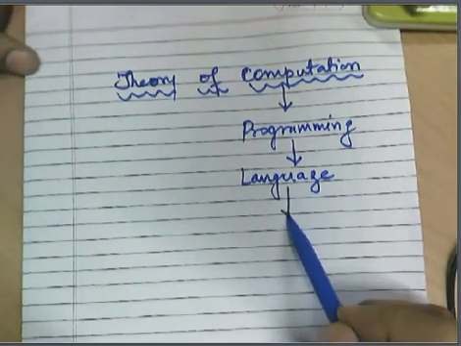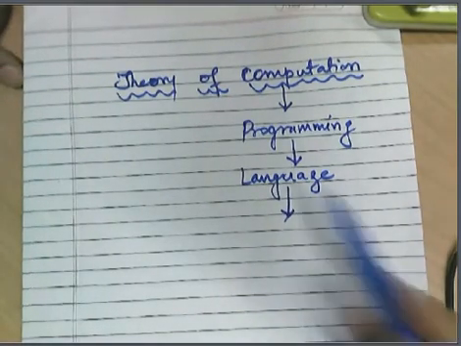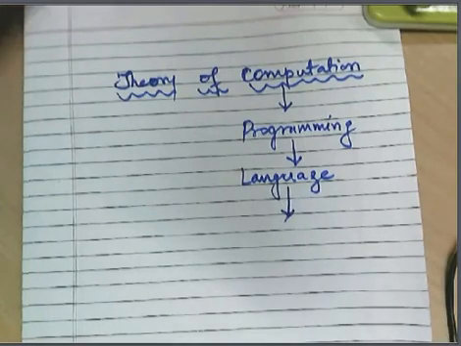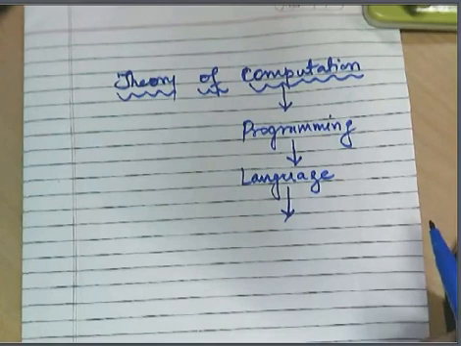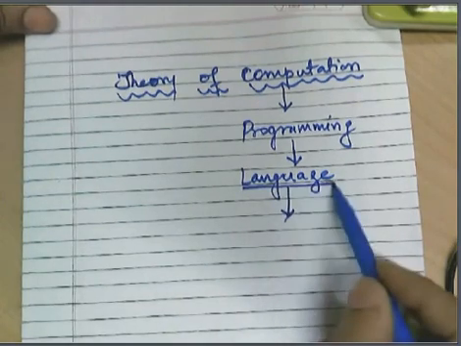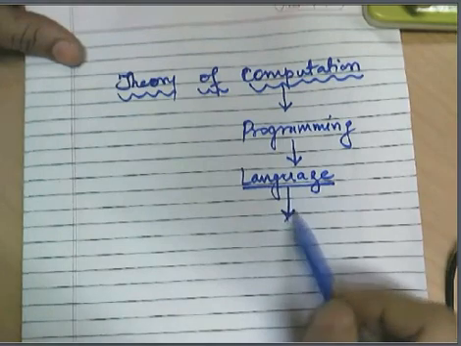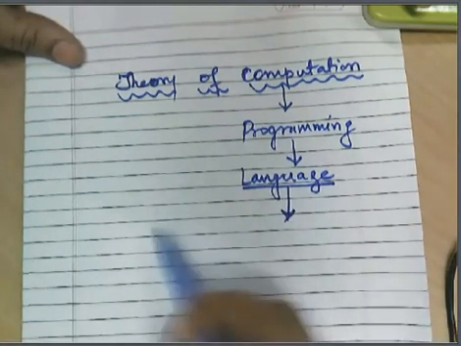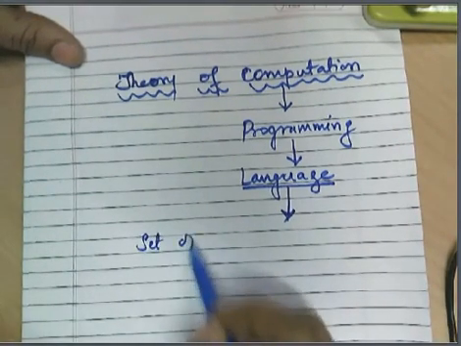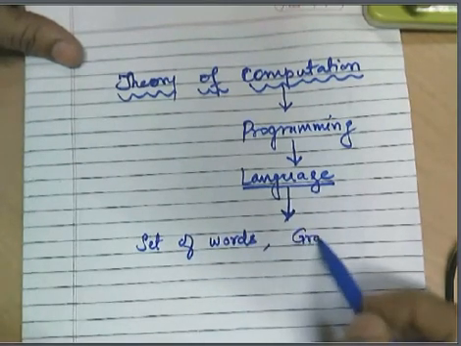Now, what is the difference between the languages which you are using and the computers are using? You have already learned that there are low level languages, middle level languages, high level languages, right? But if I want to understand languages in a general way, then language is nothing but a set of words and a grammar.